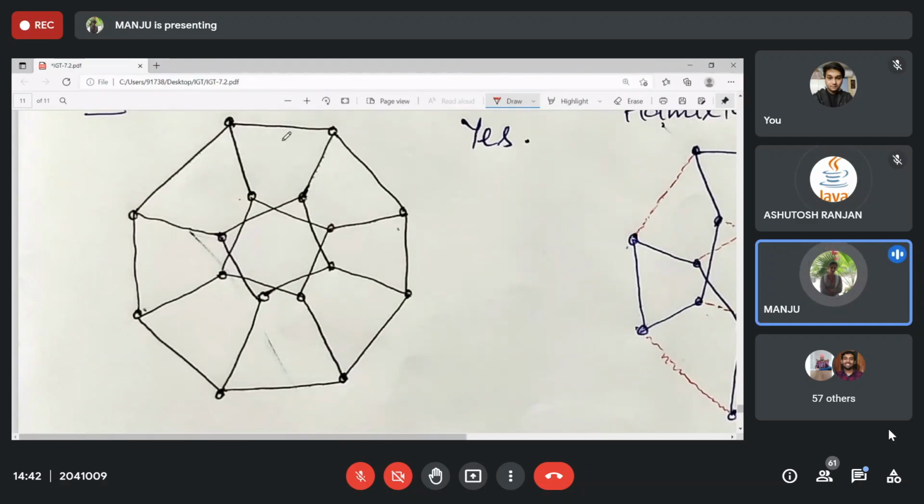Try to find some cycle. And which cycle should exist? There are 8 vertices over here and 8 vertices inside this one. I think 8 vertices. Yeah, 8 vertices. So you need to find C16. This graph is Hamiltonian. Just try to find C16 in this graph. Just try it.